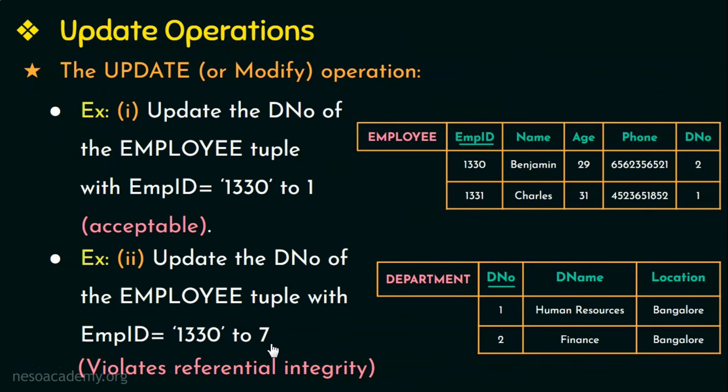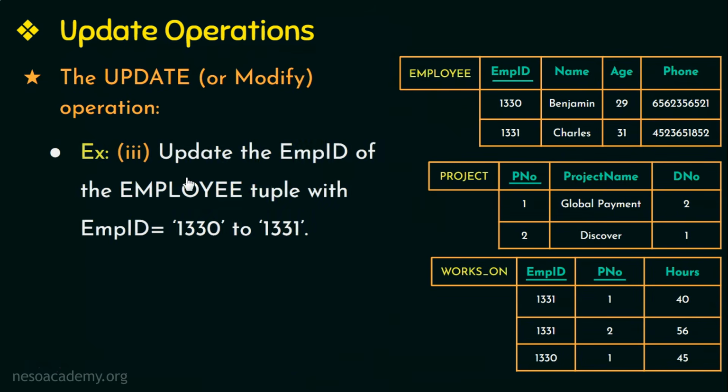Moving on to the last example in the update operation. Update the employee ID of the employee tuple with employee ID equal to 1330 to 1331. This updation is not acceptable and let us see why. This example is about updating the employee ID 1330 to 1331.